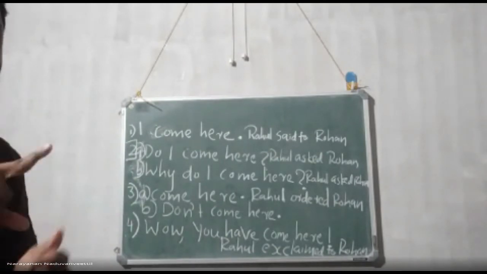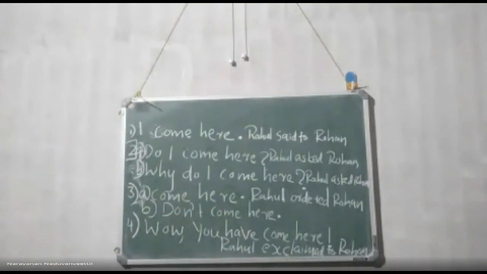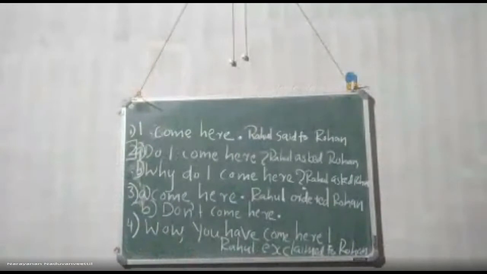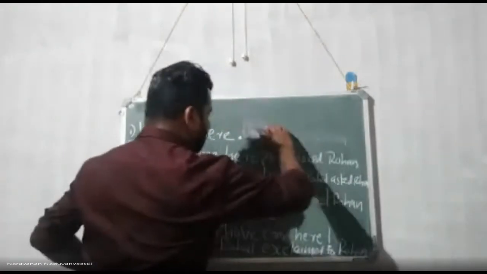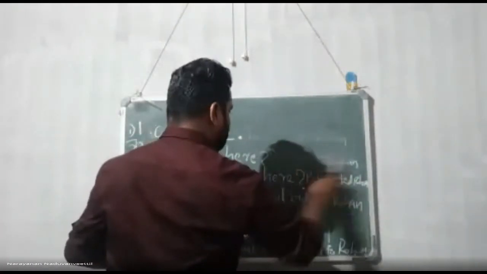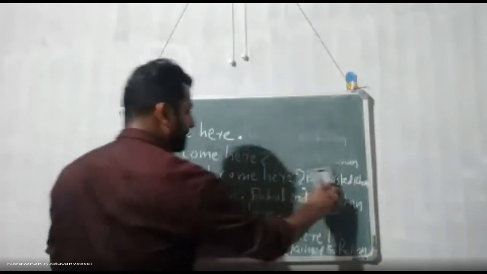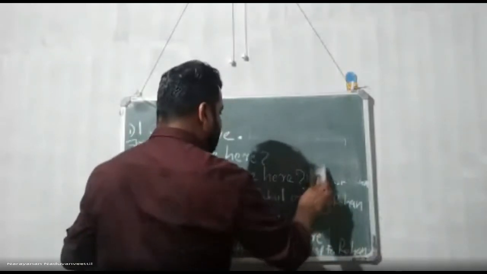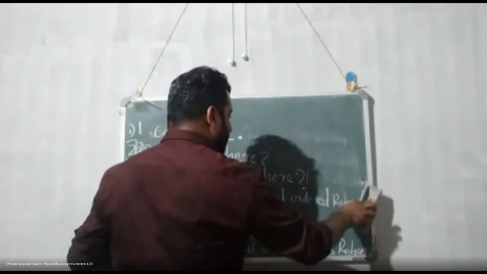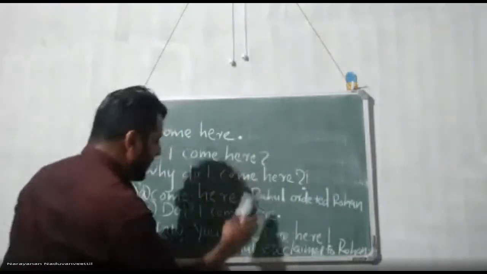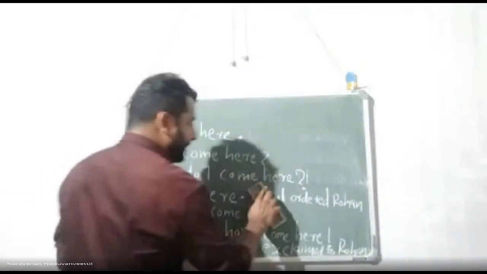What is next after the first part? Let us see. First part is over here. What is the second part? The second part is also a job for you: to add a connection word.